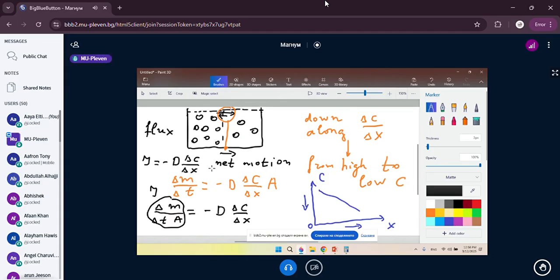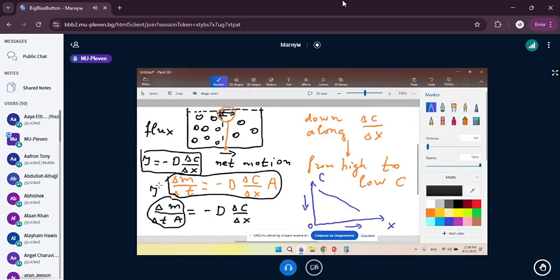So the bigger the concentration gradient, the bigger the flux of matter, or the amount of matter being transferred per unit time, per unit cross-sectional area. This also is called Fick's law. This is Fick's law, and Fick's law is the law of diffusion. I have repeated this many times for memorizing it.